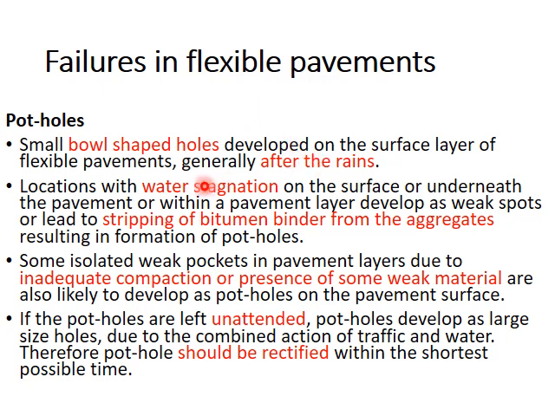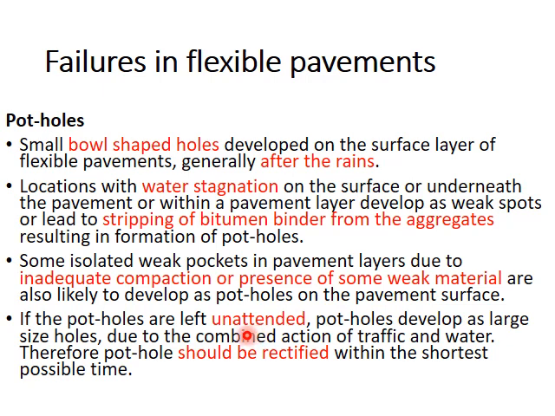So you know the cause. The cause may be water stagnation on the surface of the pavement. When water stagnates, bitumen is stripped from the aggregates. When bitumen is stripped, aggregates are removed from the surface and big holes are formed there. This may also be due to inadequate compaction and the presence of some weak material, that is aggregate or bitumen, which does not meet the specifications in the construction manual.